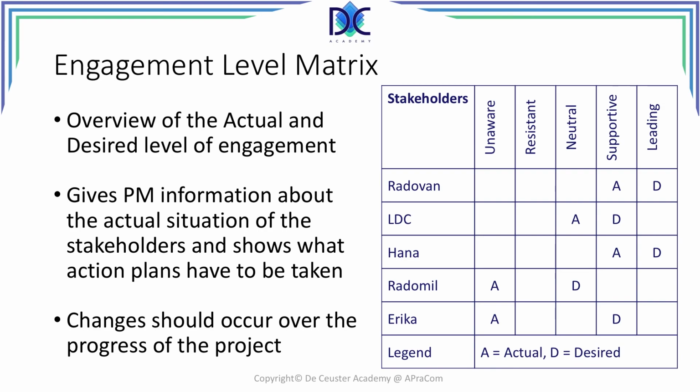A means that is actual situation. D is the desired situation, where you want Radovan to be. At this moment, Radovan is supportive, but you want him to be leading. And the same for all the others.